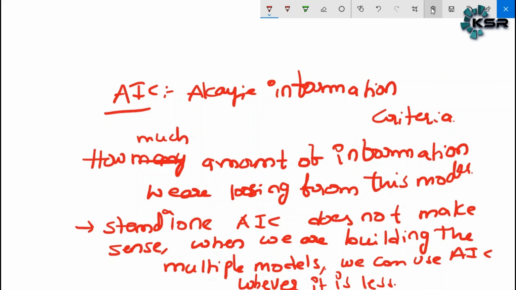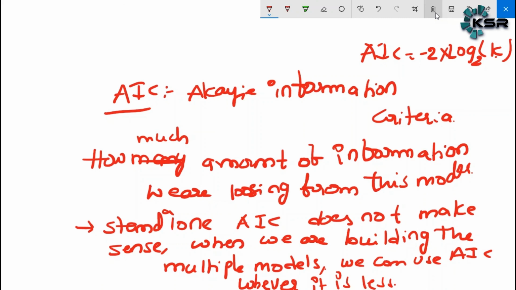The formula for AIC is minus 2 log 2 k, minus 2 into log 2 k.